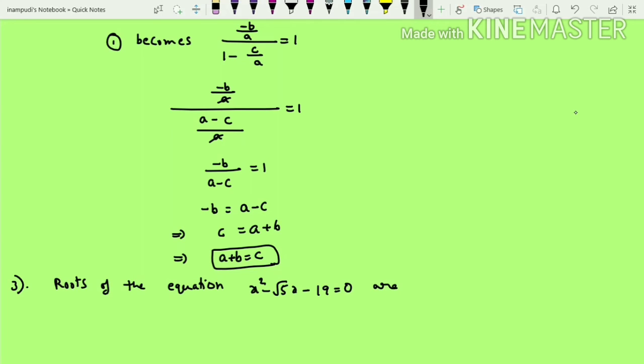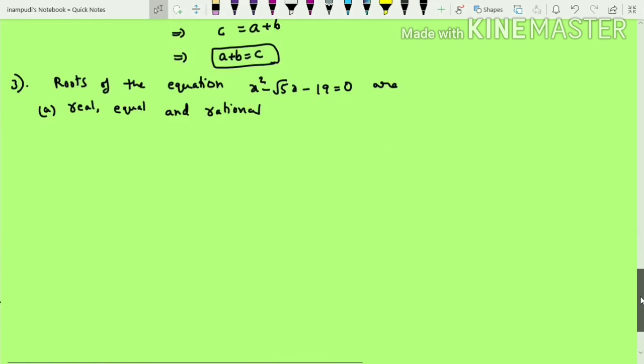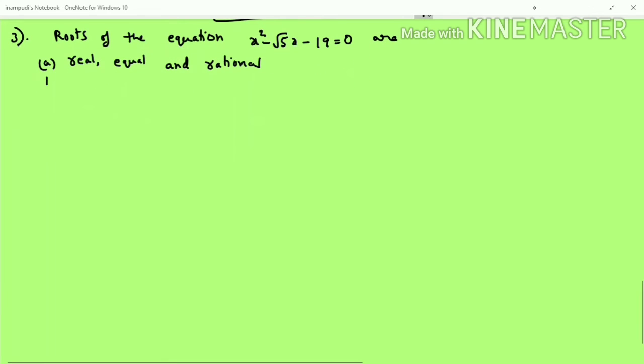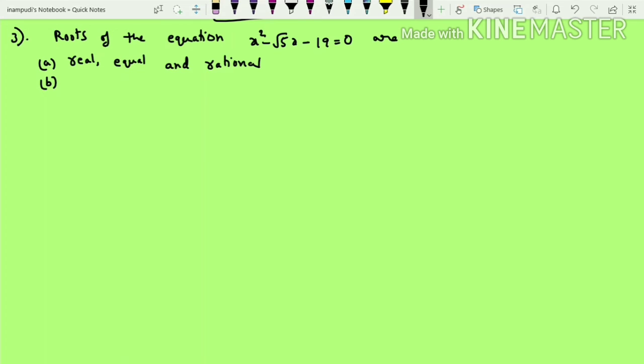Here the options are: A, real, equal and rational. B, real, unequal and rational.